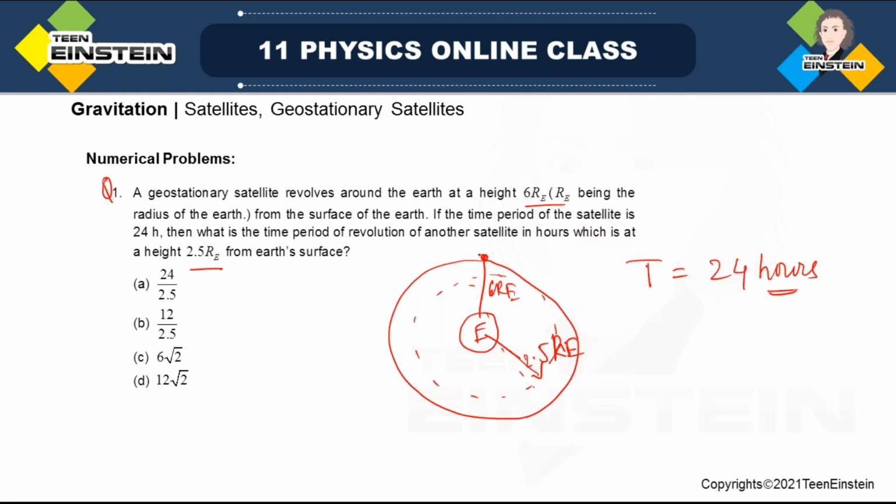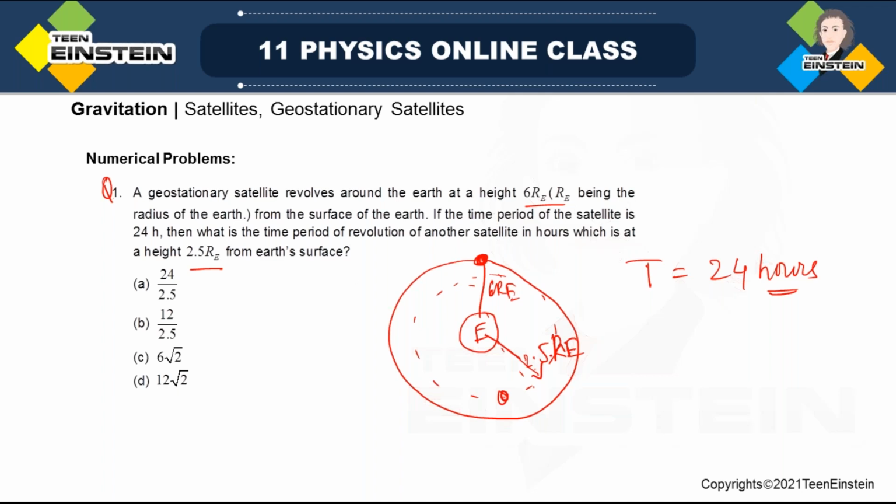So I have one geostationary satellite, and another satellite here, which is revolving around the Earth in a smaller radius, that is 2.5 RE.